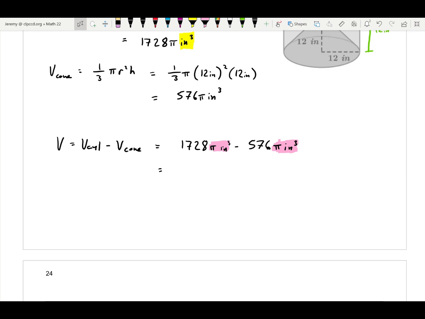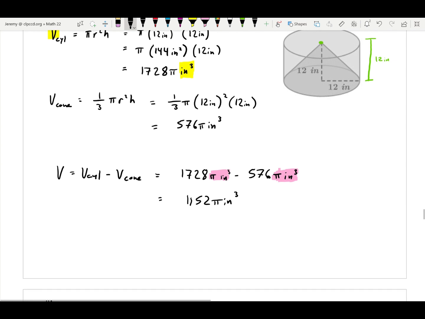Like if we're going to take the difference 1728x minus 576x, we would just subtract the numerical values. We'll do the same thing here. And I'm getting 1152 pi inches cubed as the volume for the entire shape. So I can put a box around that as my answer.